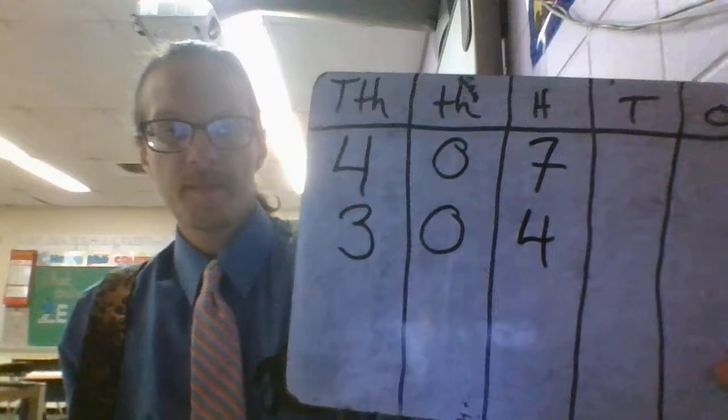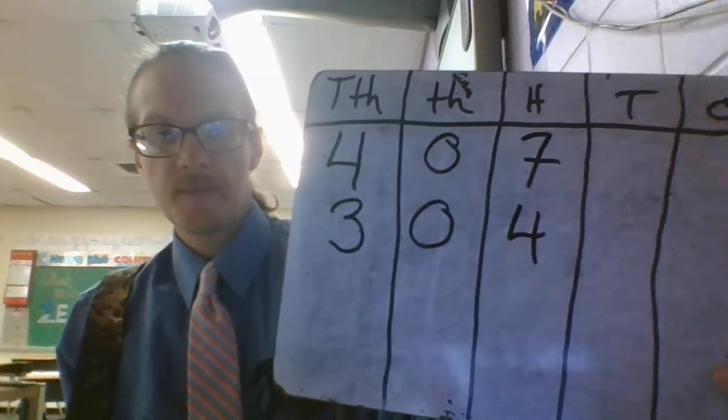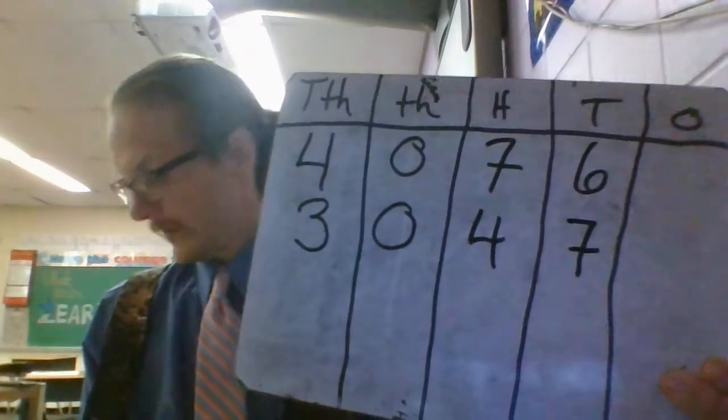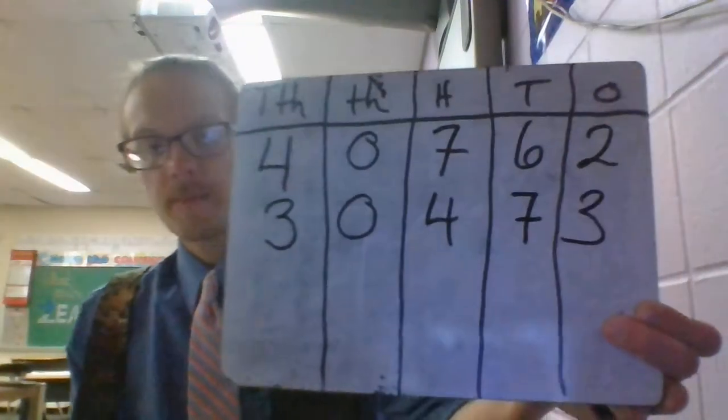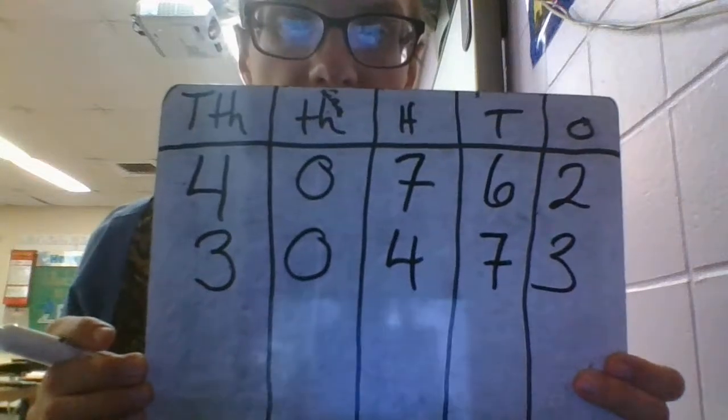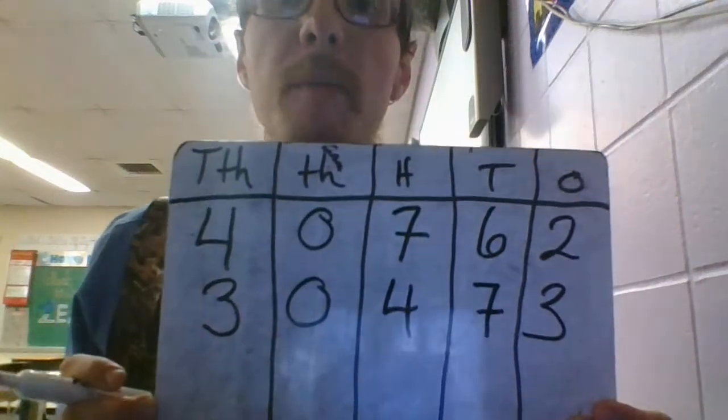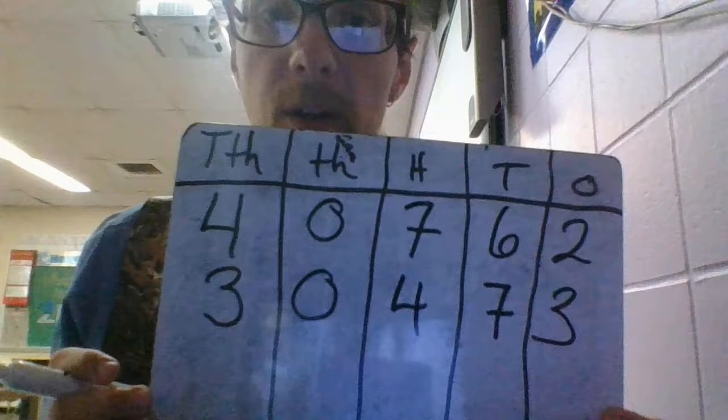In the hundreds, you'll have a 7 and a 4. In the tens, you'll have a 6 and a 7. And a 2 and a 3. So yours look like mine. If not, pause the video, make yours look like mine.